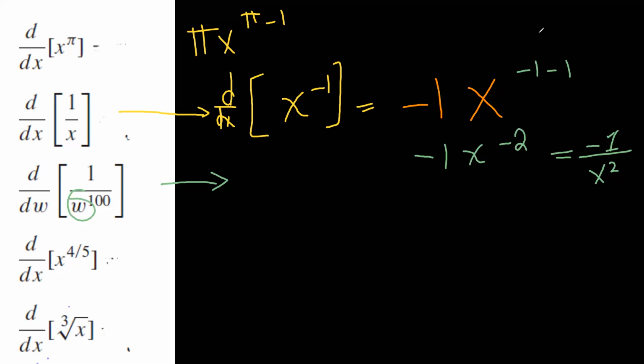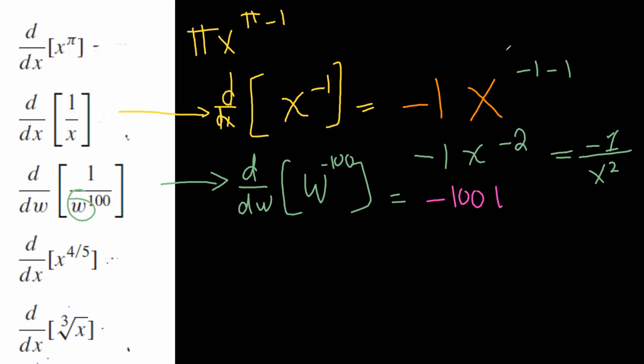Okay, now the derivative of 1 over w to the power of 100, which is w raised to the power negative 100. Then negative 100 w raised to the power negative 101, negative 100 minus 1.